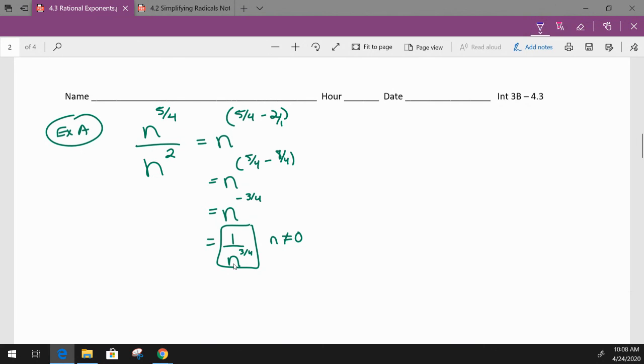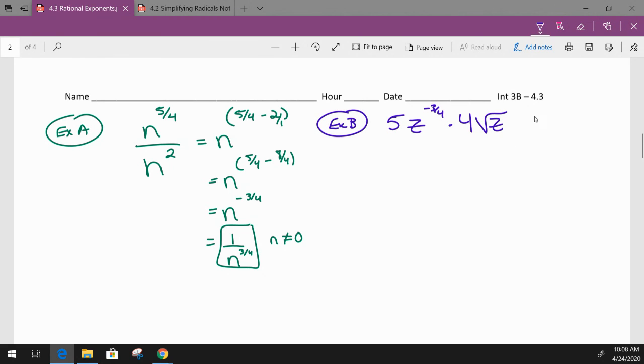All right, here's one more example with a variable. We'll call this example B. So let's say that you have 5z to the negative 3/4 power times 4 square root of z. So some of the problems that you are doing have rational exponents and radicals in the same problem.